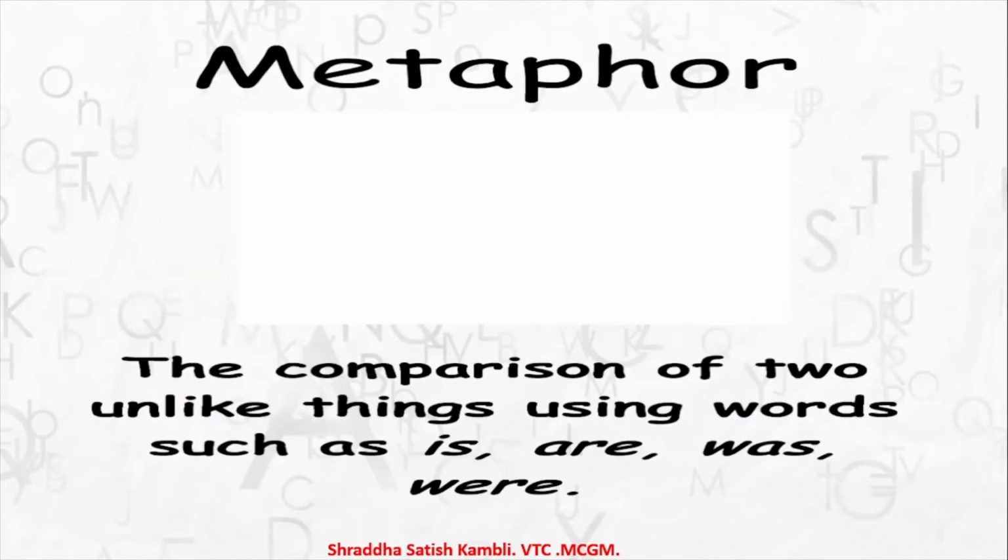Then you have the next figure of speech, which is very much like simile, a little different. Why it is a little different and why it is very much like simile, let me tell you. Because metaphor is also comparison.